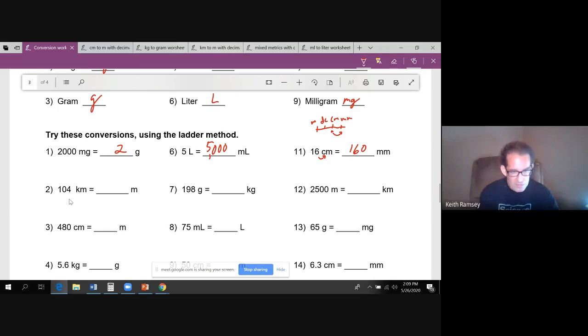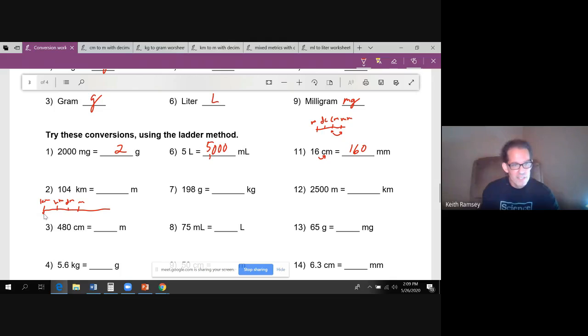Over here, I've got 104 kilometers to a meter. So I know kilometers are really big. So if I have my conversion chart here, here's a meter. Here's a decameter, here's a hectometer, and then over here is a kilometer. So I'm moving my decimal place this way to the right.